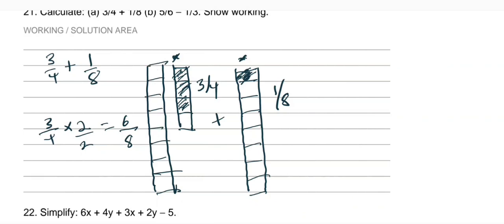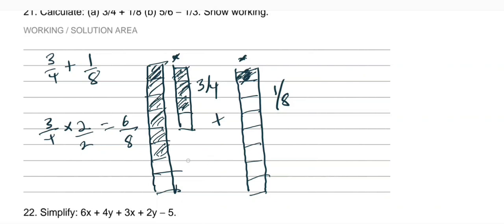And the rectangle is 1, 2, 3, 4, 5, 6, 7, 8. Now this same 3 over 4 is the same as 6 over 8. Have you seen how it is?